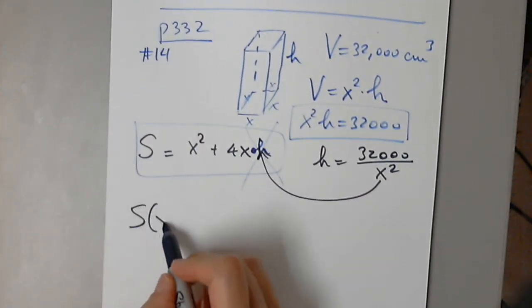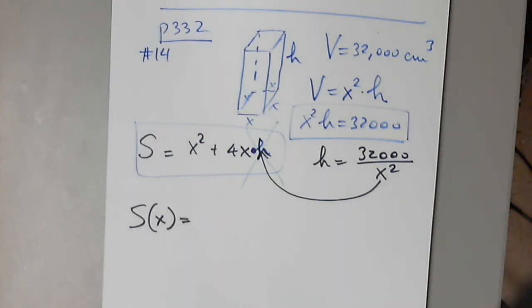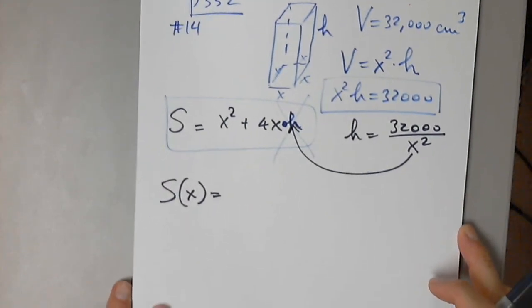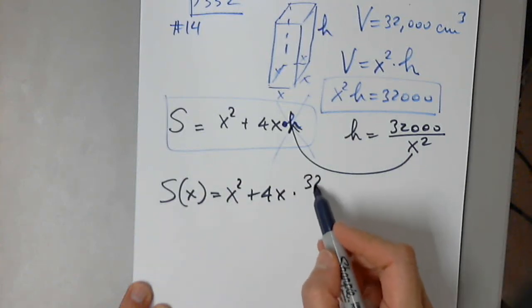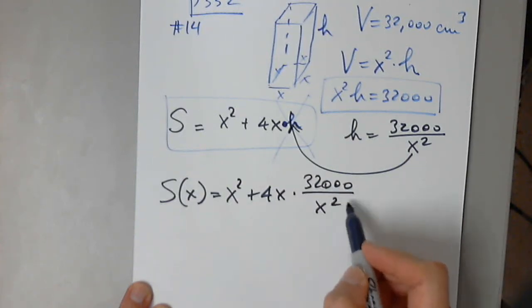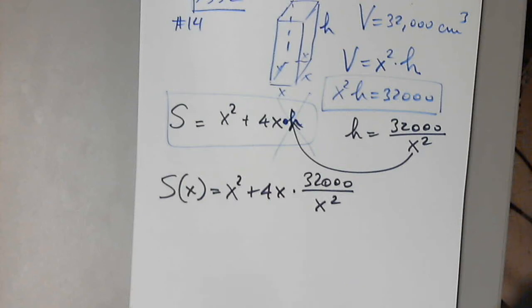So now I can confidently say that this is finally a function s of x. Is that okay? So this is x squared plus 4x multiplied by 32,000 over x squared. Yes, I will clean it up. I will simplify by 8 and I'll multiply by 4, the numerator, of course.